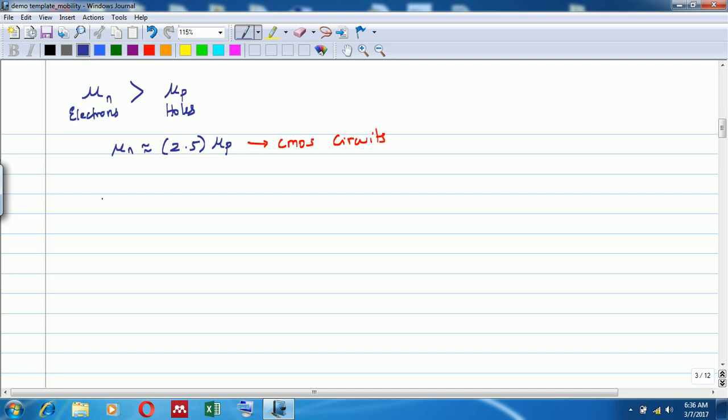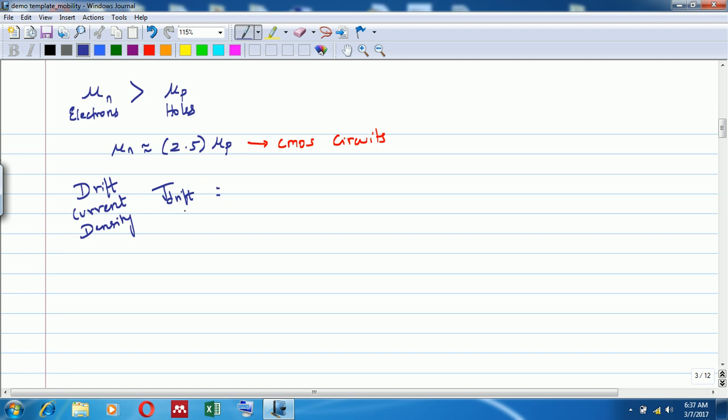Next we will look at an important current component in a semiconductor, which is known as drift current. We will look into drift current density, which is denoted by J drift. So what is this drift current density?